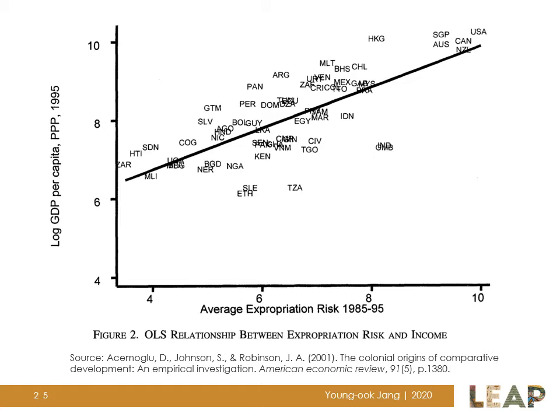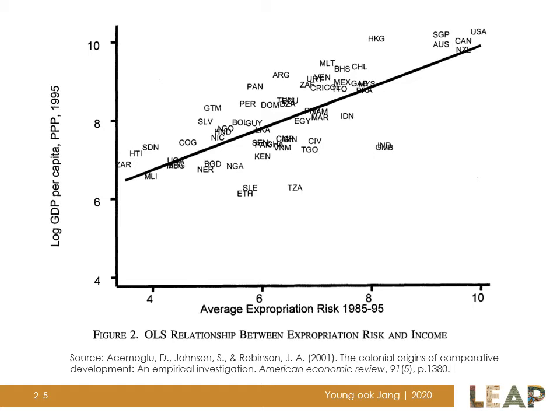On the x-axis you have the quality of institutions, the average expropriation risk. This is the level of protection of private property rights. So on the y-axis, if you have better institutions, then you have more economic development. That's what the line means.